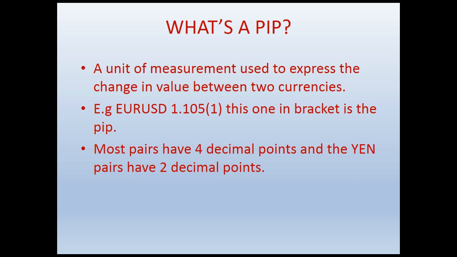If this pair were to appreciate by 5 pips, it will move from 1.1051 to 1.1052, 1.1053, 1.1054, 1.1055. I hope I'm making sense. If not, don't worry. Most pairs have 4 decimal points, and the yen pairs have 2 decimal points.